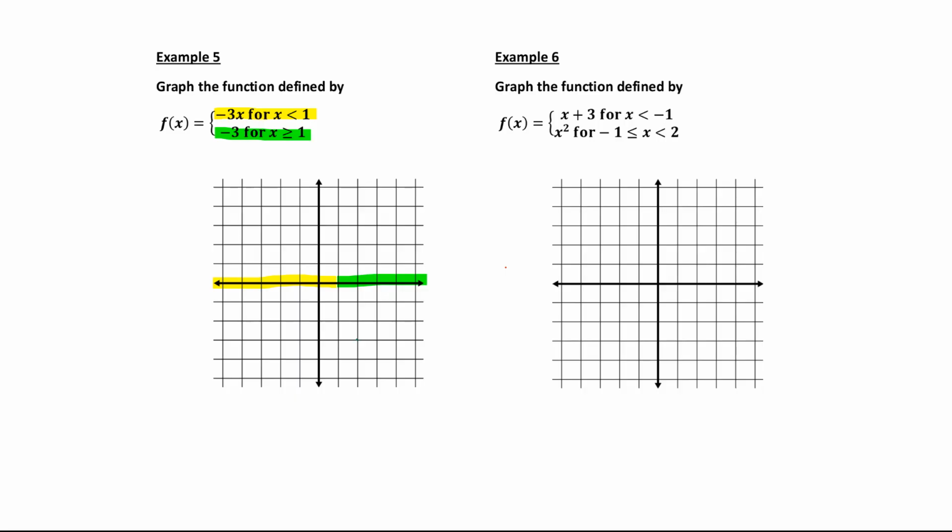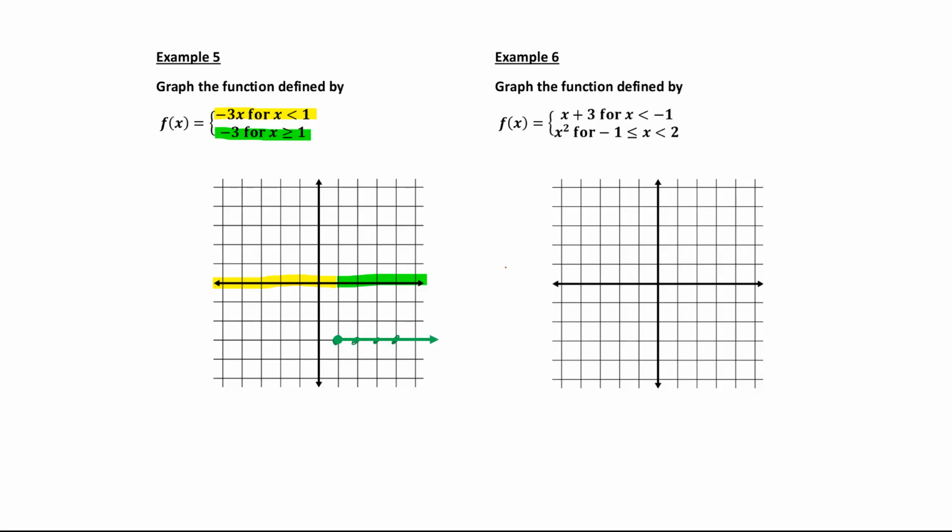So first of all, if we look at the values where x is greater than or equal to 1, we can see that that is always supposed to have a value of negative 3. So that part of the graph is going to look like that horizontal line. And then when x is less than 1, the function's going to look like negative 3x.